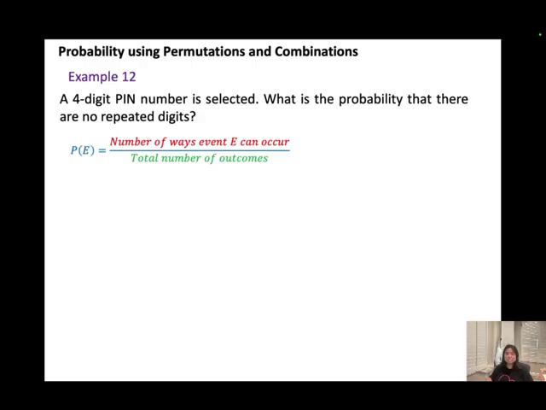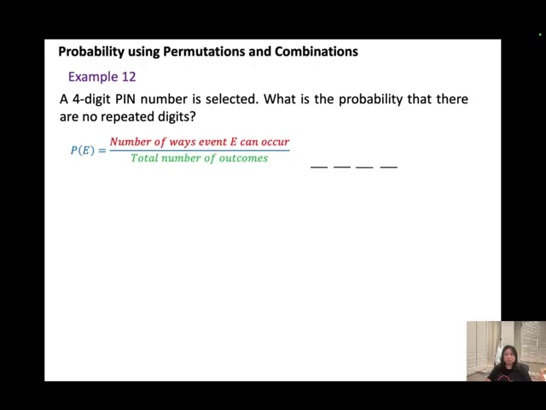Probability of event E equals the number of ways E can occur over the total number of outcomes. In this example, we are looking at a 4-digit PIN number. Let's figure out the total number of outcomes first.